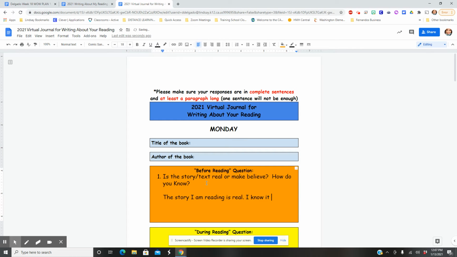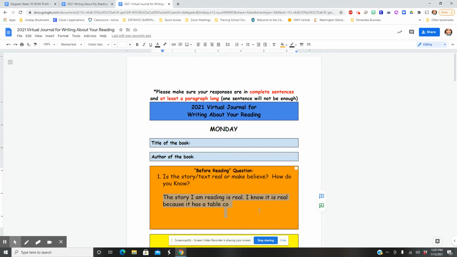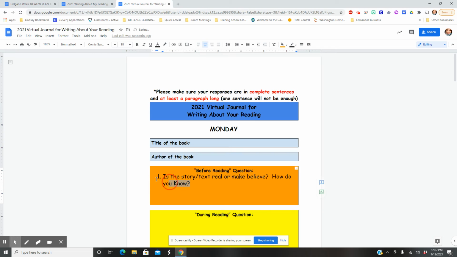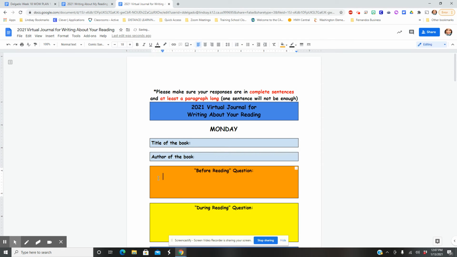I know it is real because it has a table of contents. Usually nonfiction books have a table of contents. I also know... I need to write a paragraph long, and we'll learn how to write a real response on Friday. That is our goal. But for today, I just want to show you where I get my questions from.